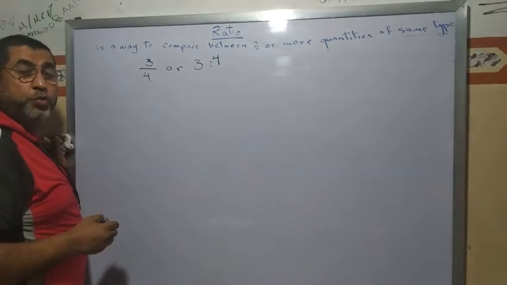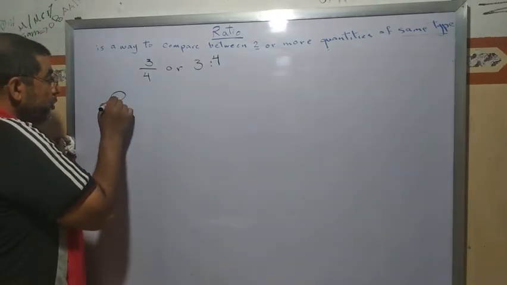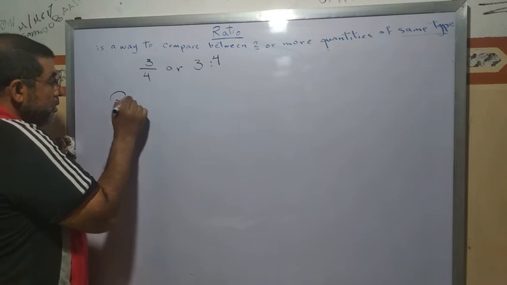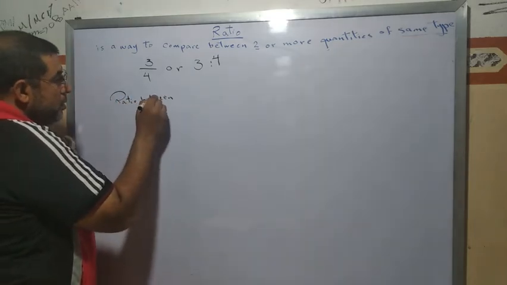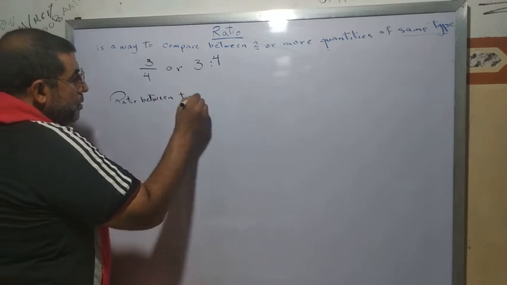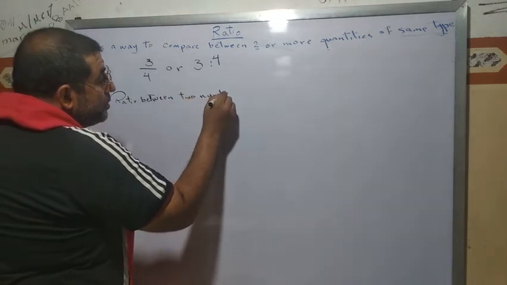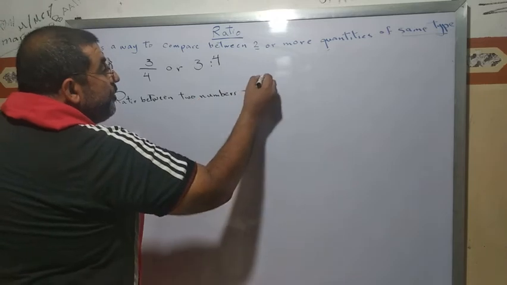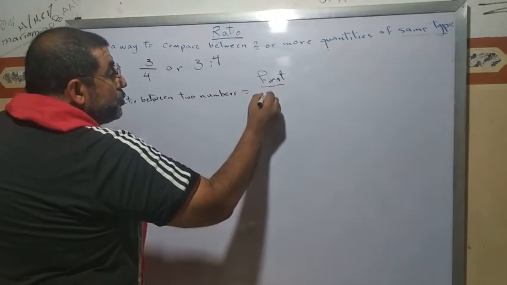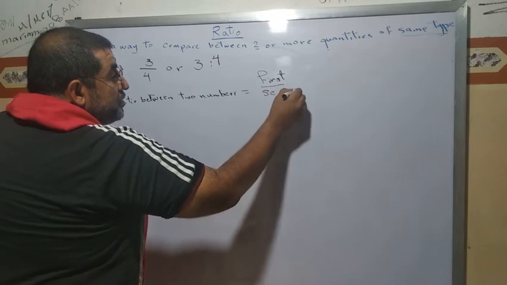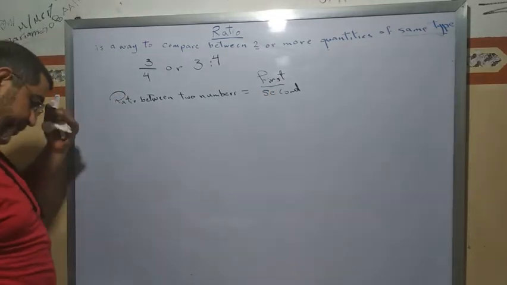That is, the ratio between two numbers equals first number to second number, or first over second.